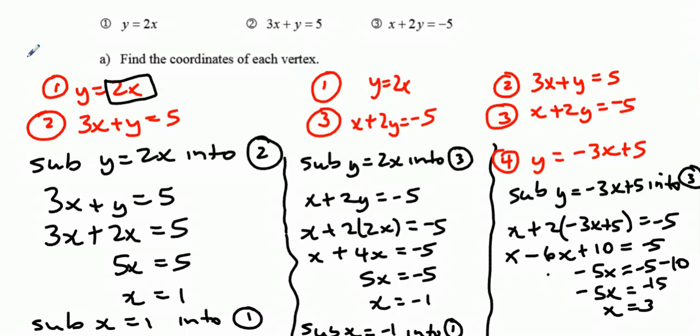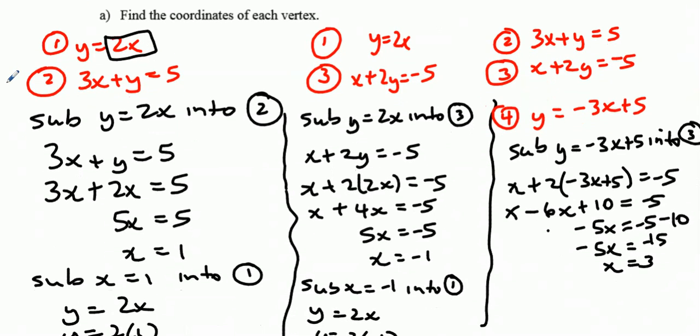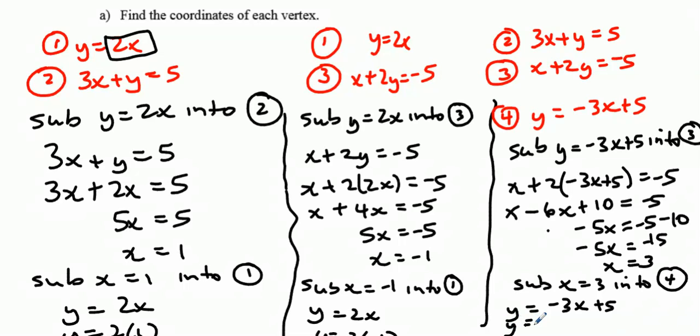Okay, now I'm going to sub that x equals 3 into one of the two equations. I think I'll substitute it into this one. So sub x equals 3 into 4. Alright, here it goes. We're going to have y equals negative 3x plus 5. y equals negative 3 times 3 plus 5.